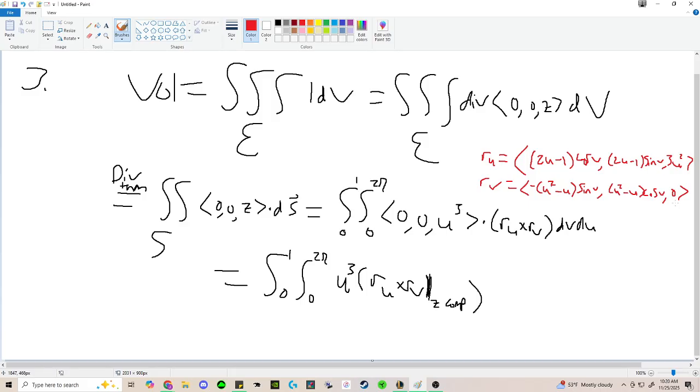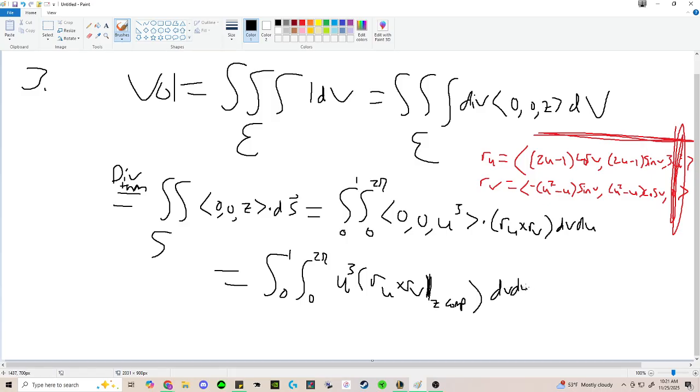Now we just do our z component, so get rid of this, and we get cosine squared plus sine squared times 2u minus 1 times u squared minus u. Let's make it happen.